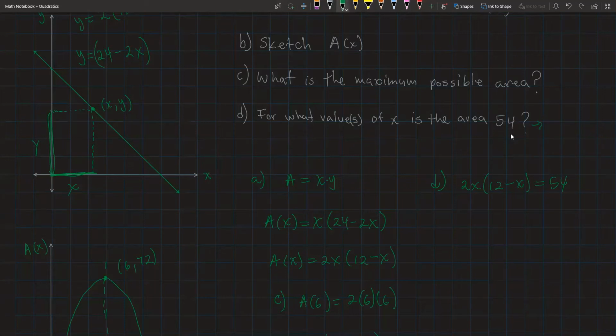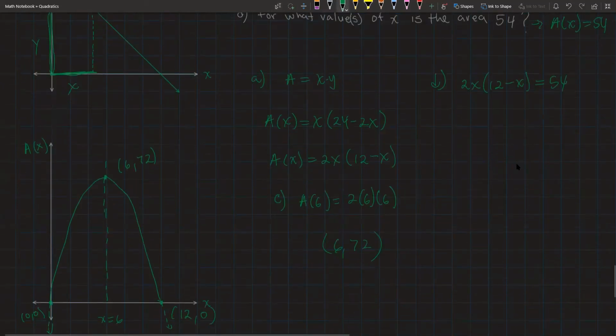Remember that here we want to set the area equal to 54. Let's distribute. We get 24x minus 2x squared equal to 54. I don't know what I was thinking, 54 still. We didn't distribute anything there.